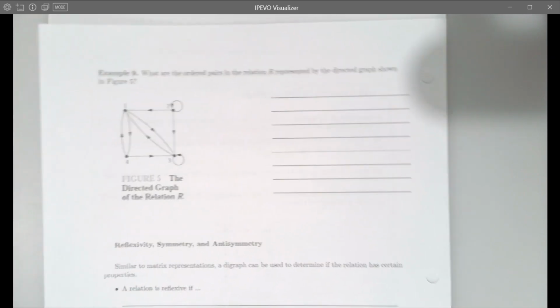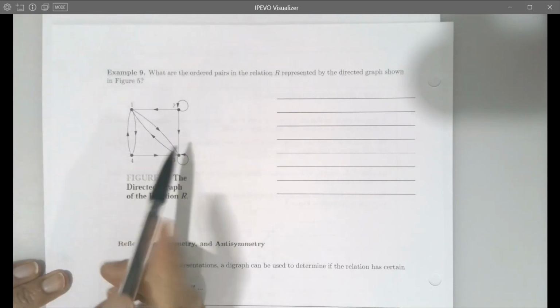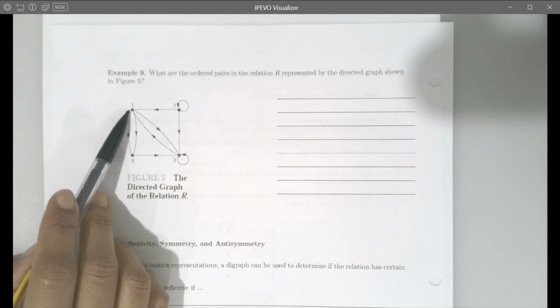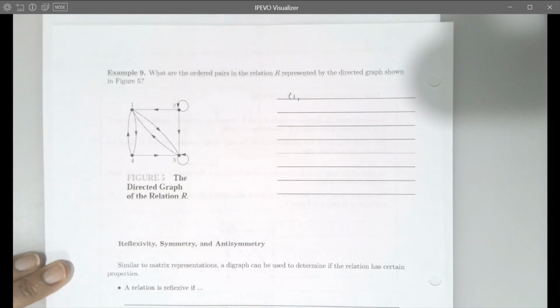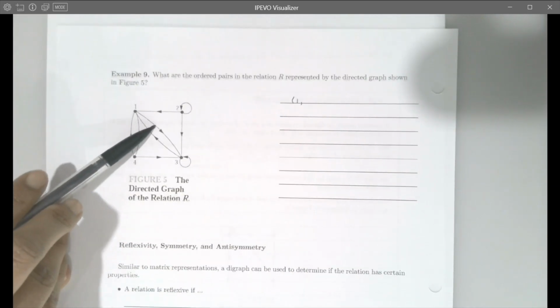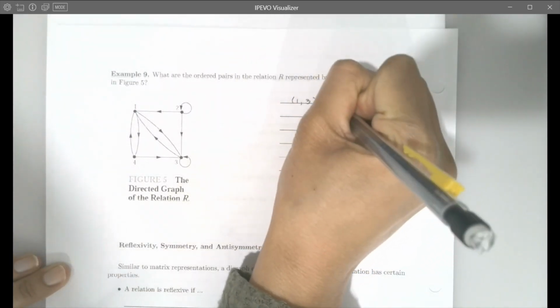Right, now let's go in the backwards direction. What ordered pairs in the relation R are represented by the digraph in figure 5? So we can start with looking at the ordered pairs that have 1 as the initial vertex. So 1 maps to 4 and to 3. So 1 to 3 and 1 to 4.